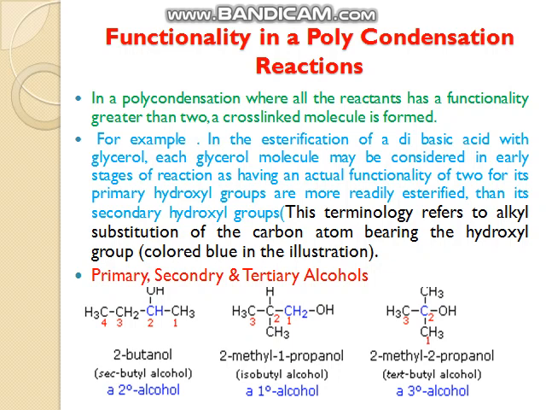This terminology refers to the alkyl substitution of the carbon atom bearing the hydroxyl group, as illustrated by the blue color. We are showing here primary, secondary and tertiary alcohol. In the first, 2-butanol, the OH is added at the second position, so it is called a secondary alcohol.